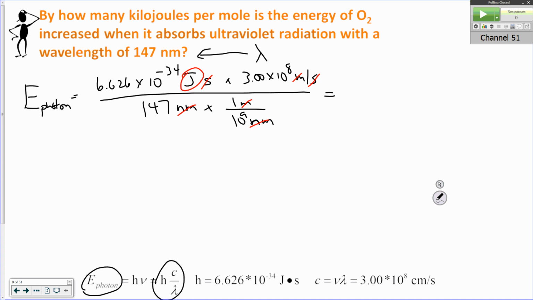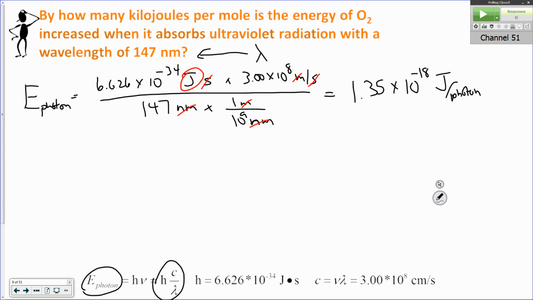And I got 1.35 times 10 to the minus 18th joules. But that's the energy associated with every photon. So that's joules per photon.